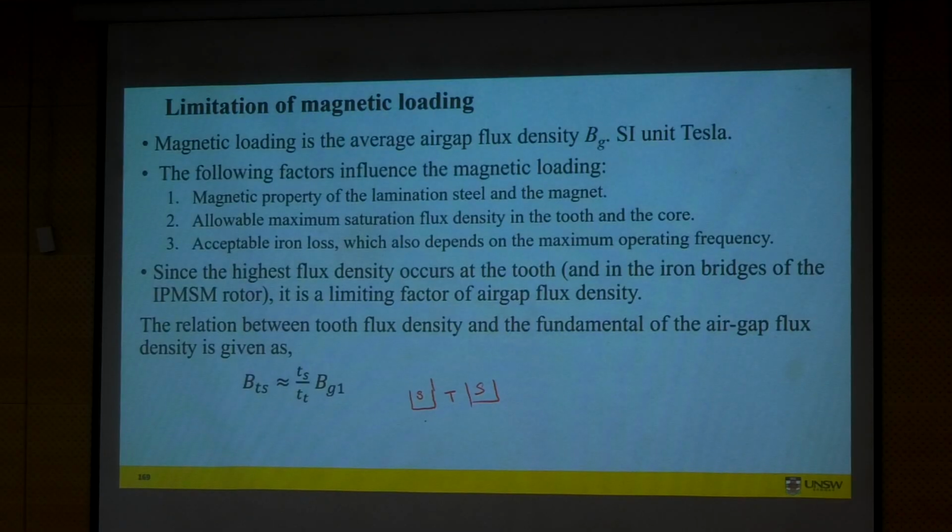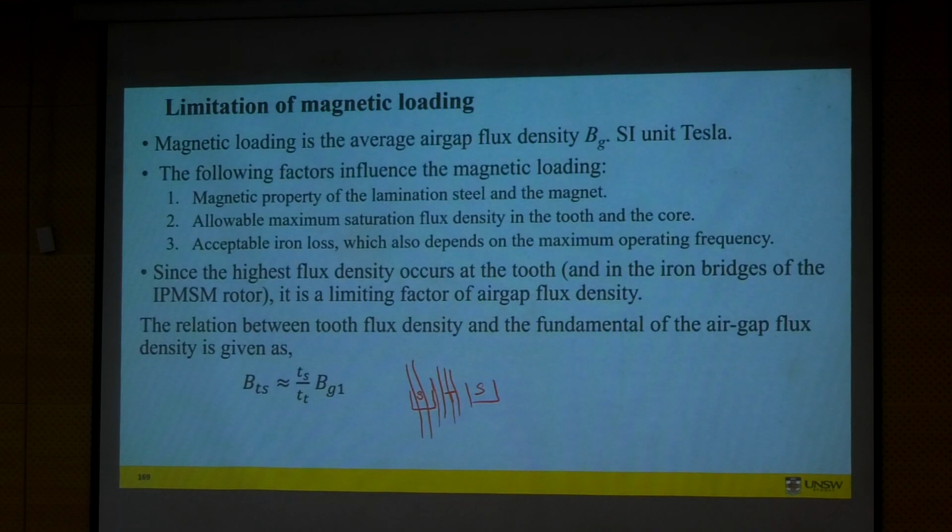So usually when the flux passes, the highest flux passes through the teeth, because that's the iron part, right? Slot is air and conductors, copper. So the permeability of copper and conductor is similar to air actually. So magnetic flux prefers to go through iron, so it prefers to go through the tooth. So the tooth could become highly saturated.